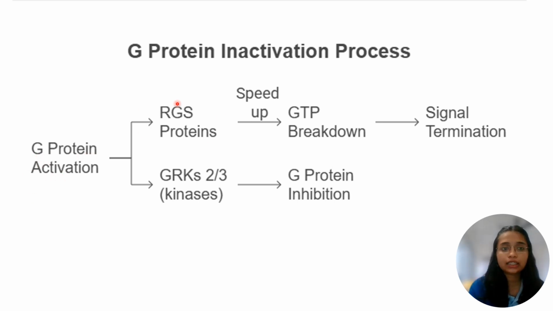When the RGS protein is present, it speeds up the breakdown of GTP, and as we all know, GTP binds with the G protein and activates it. So if it gets broken down fast, it is no longer available for activation of the G protein. In this way, the signal gets terminated, and GRK kinases also help in G protein inhibition.